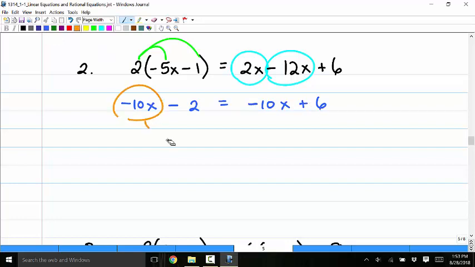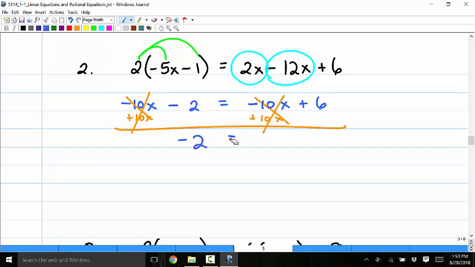I want to get the x's on the same side, so I'm going to add 10x to the left. But when I do that, what happens? That's gone, but so is this. And now all I have left is -2 = 6. That's a false statement. That is never true. So I have no solution to this equation. This is called a contradiction.